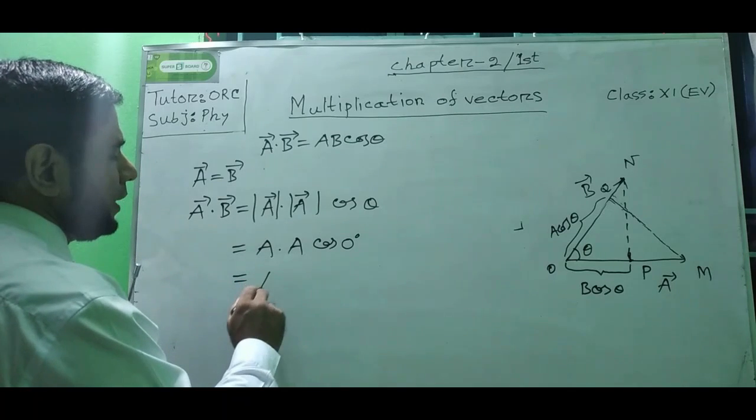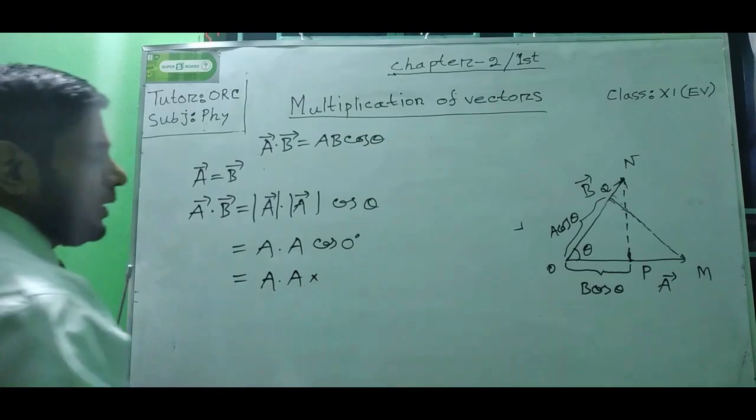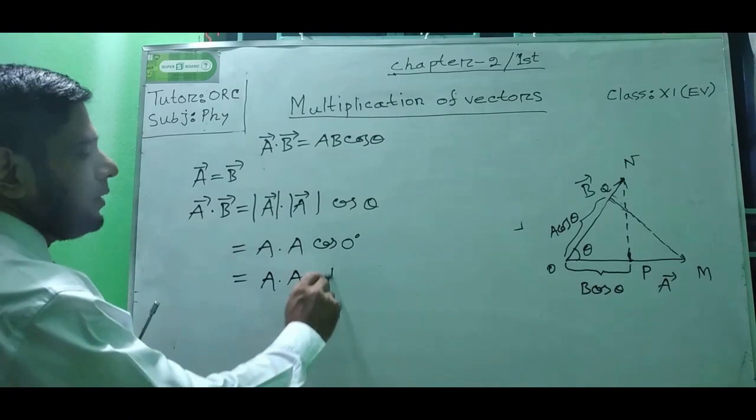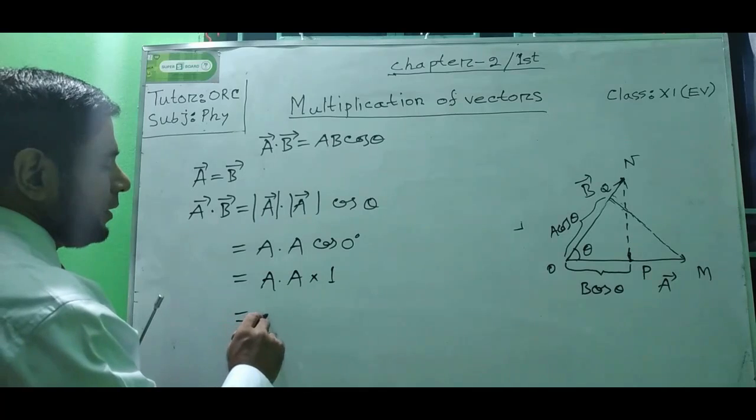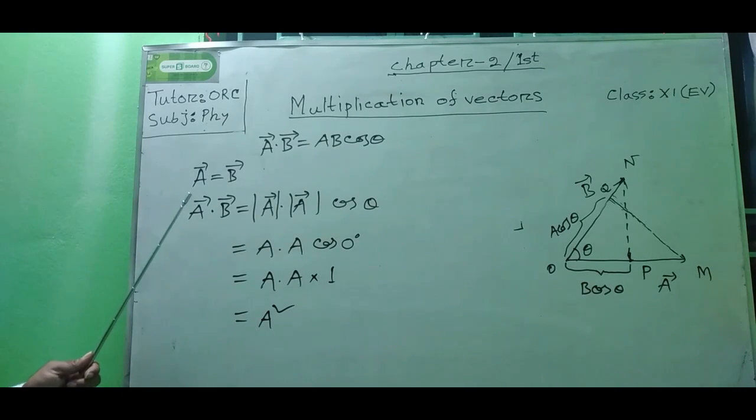From here we can write A dot A into cos 0 degrees, and we know the value of cos 0 degrees is 1, so the final value will be A square. So from this first property, we can say that when we multiply two same vectors with the help of the scalar product, we will get the square. Here is one important property of scalar product.